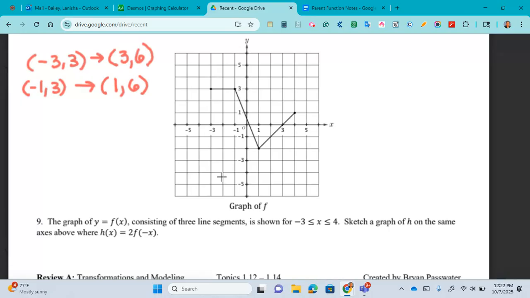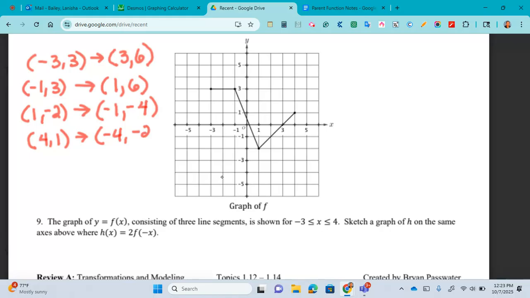If I choose another point, 1, negative 2: negative 1 and negative 4. My x will be negative 1, and my y will be negative 4. And then 4, 1, negative 4 and negative 2.